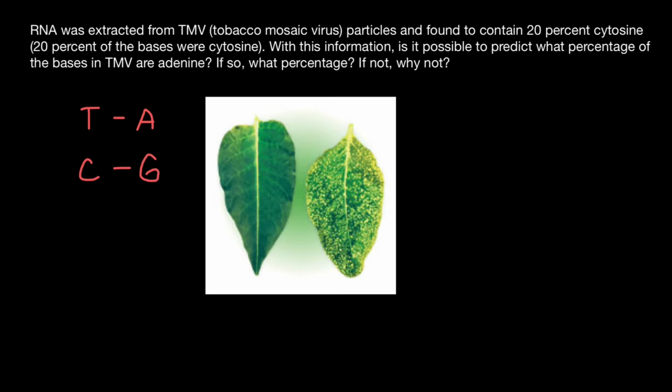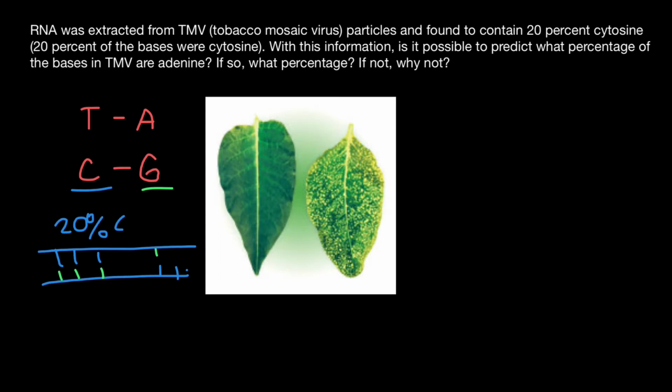For example, here is a double-stranded DNA, and if we know that 20% is cytosine, and cytosine base pairs with guanine, we instantly know that this double-stranded DNA would also have 20% guanine.